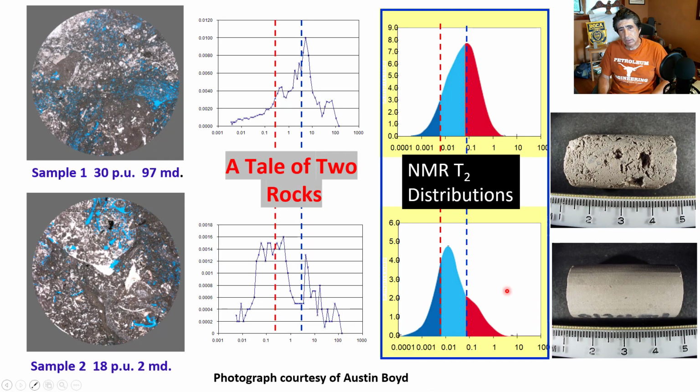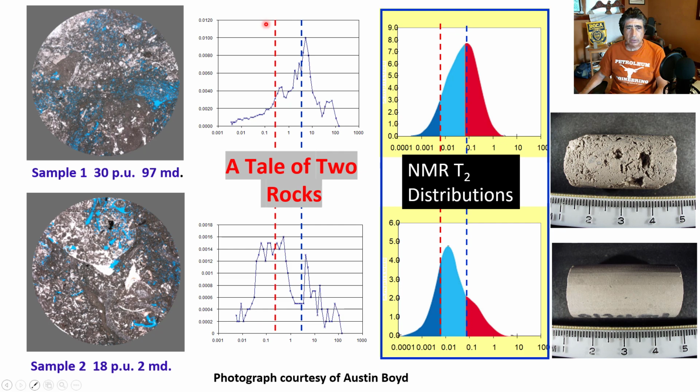And here is another, related plot of another sample that we talked about in part 2 of the carbonate trilogy, where we had a carbonate sample from Gawar that had 30 porosity units and 97 millidarcies of permeability, whereas in the lower case we have a wackestone that has 18% porosity and a permeability of 2 millidarcies.